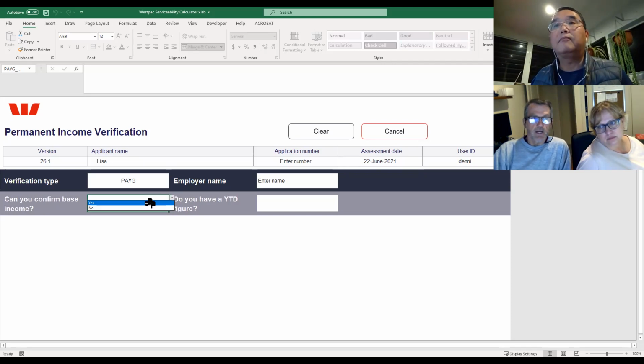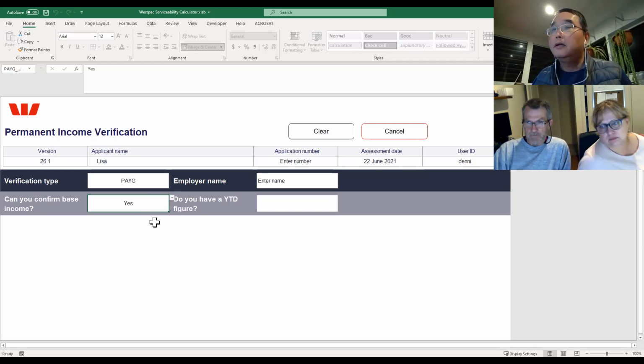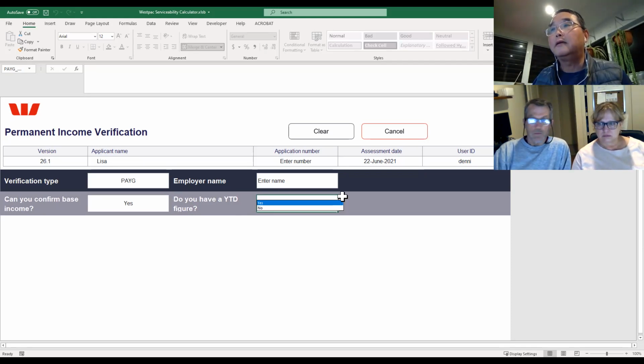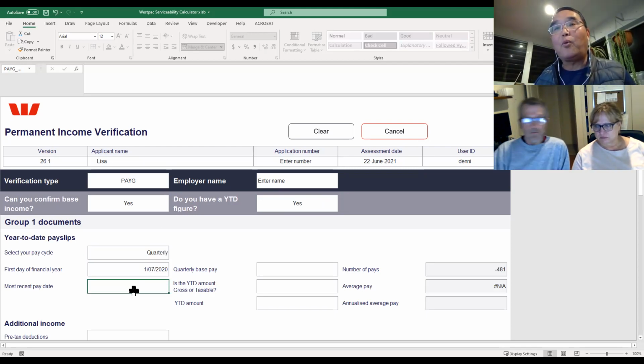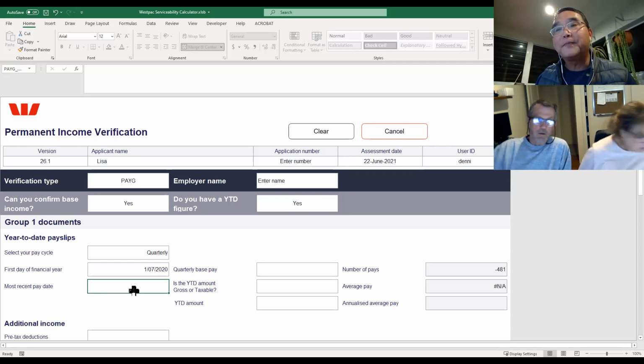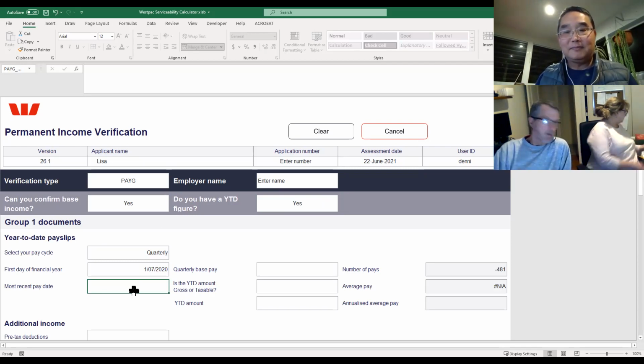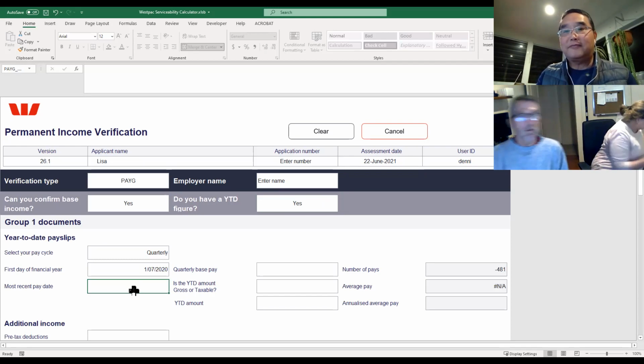Ah, that's fine. Quarterly income is okay, because if you look at this, it does have a quarterly payment. Yeah, it's fine. If you want, I can get my phone and look it up. That's fine.